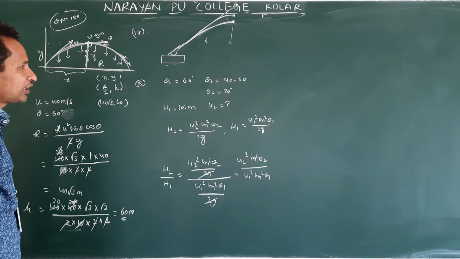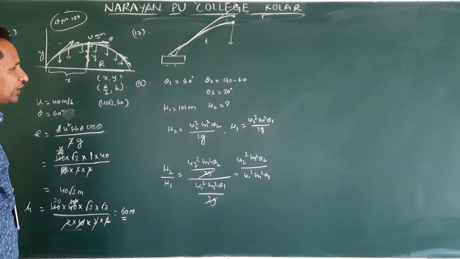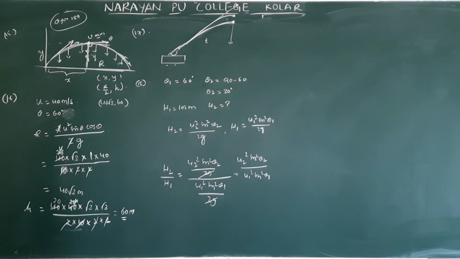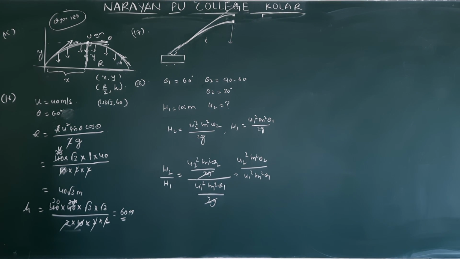By this also we don't get it. They are asking for h2. We substitute h1 and h2; u1 square and u2 square will be there.